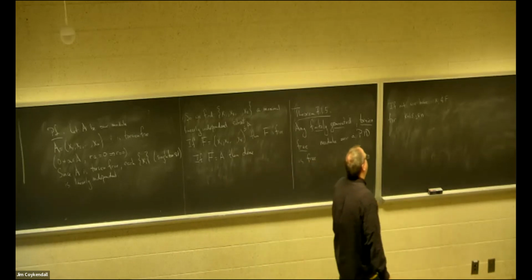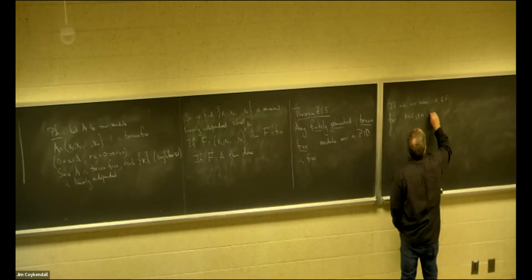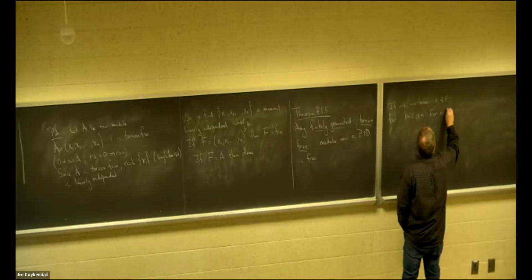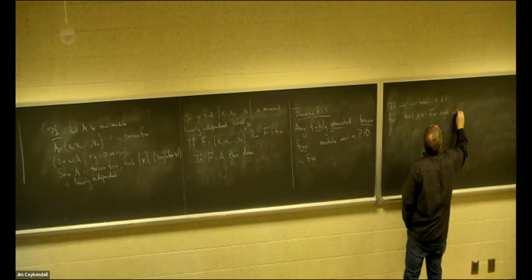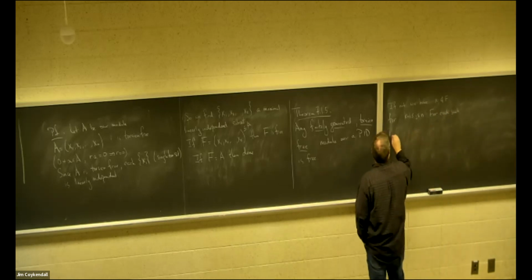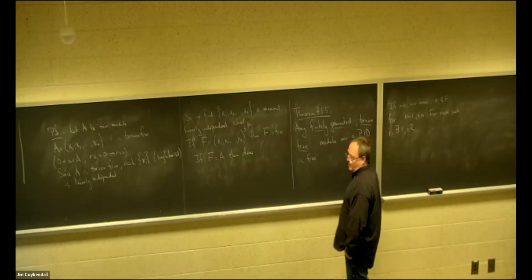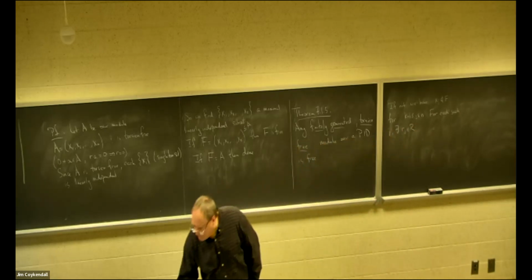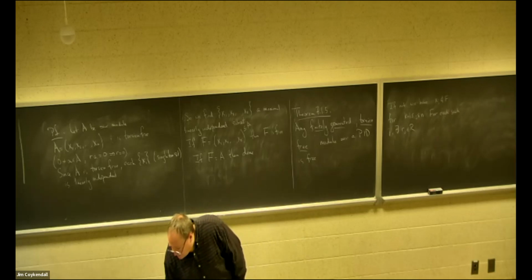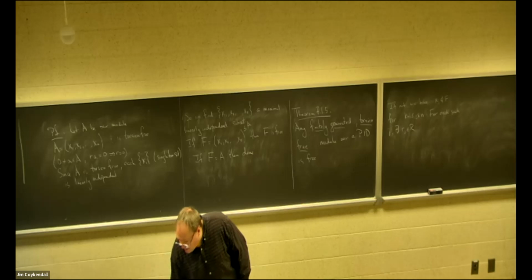Now, for each such j, there is r_j in R such that r_j x_j is in the sum.